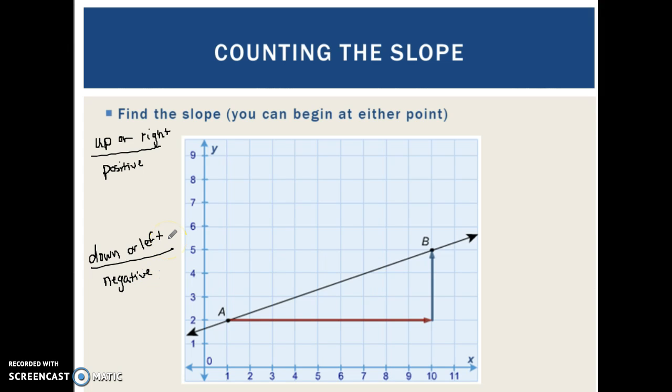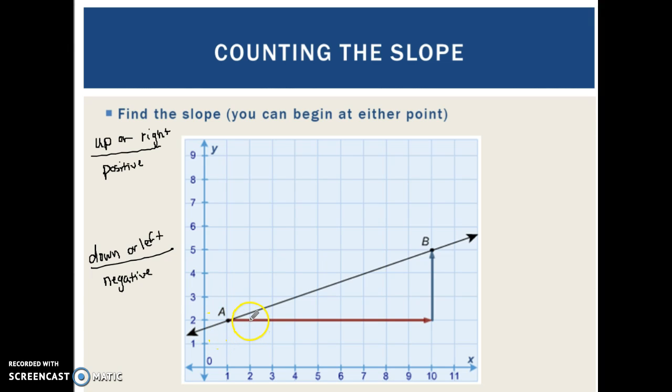In this example, I have a point A and a point B. You could start at either point; it won't matter which one you start at. You're going to count the distances that are here. From point A until I'm in line with point B, I'm going to count to the right, so I know my number is going to be positive.